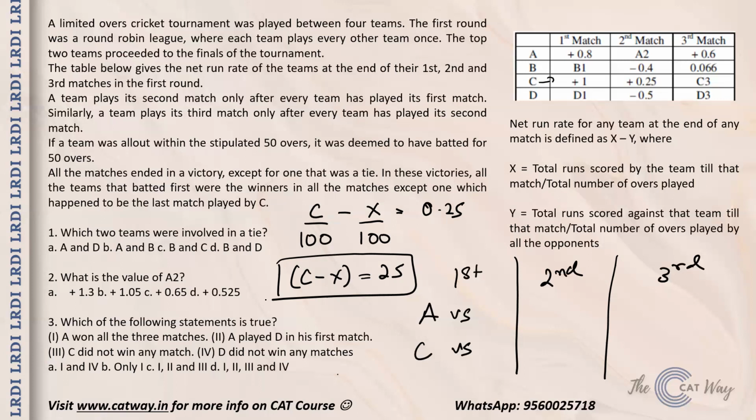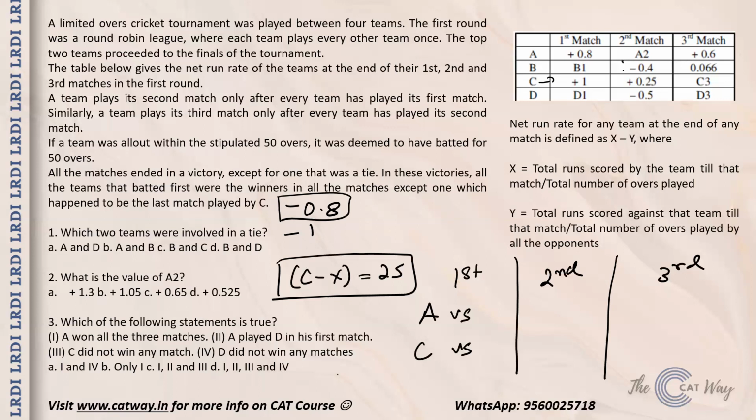Why? Because if you see B and D, initially, what possibilities did they have after the first match? B and D were at -0.8 or -1. Whereas their net run rate has decreased, and to what value has it decreased? Initially they lost by 40 runs. Let's say B was the team which had -0.8 net run rate.